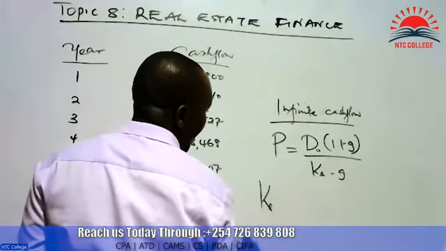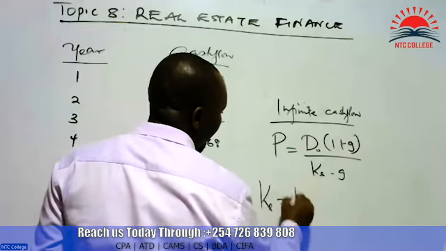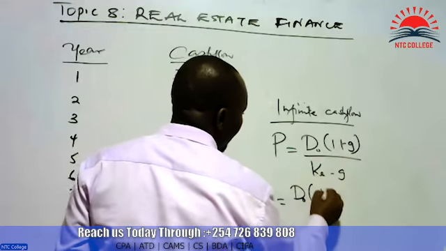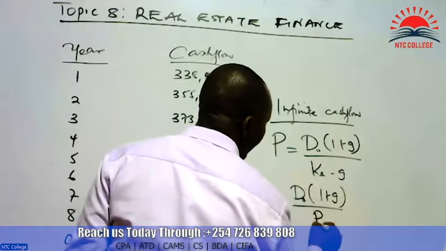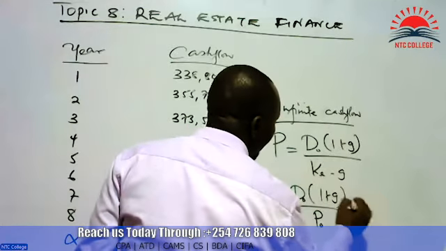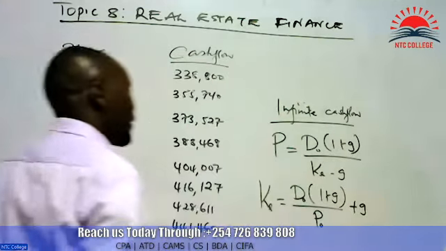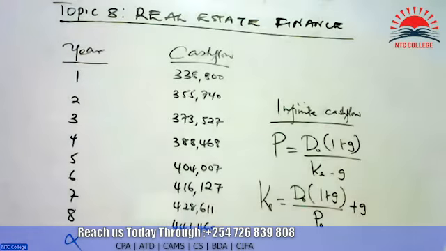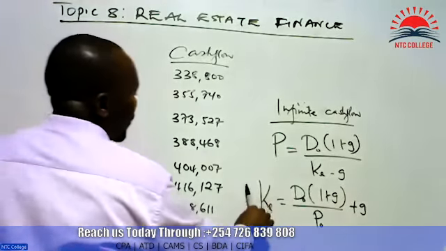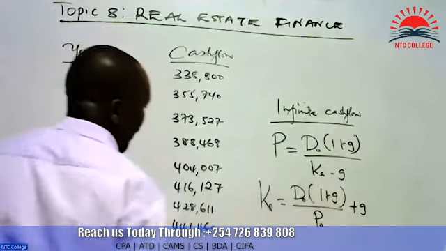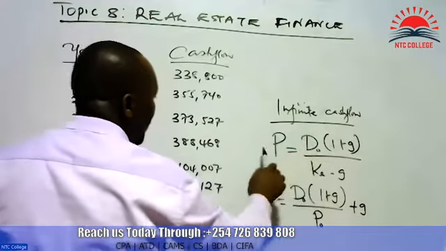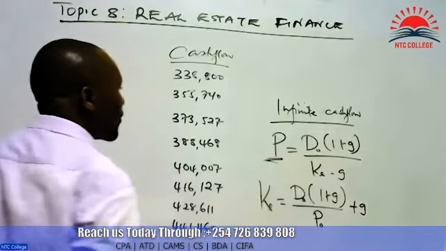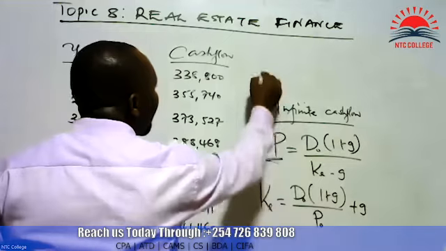KE is equal to D naught into 1 plus g, over P, plus g. That is if you are using Gordon's formula to calculate the cost of capital. But if you are using it to calculate the value, this P refers to the value, because P is basically the price.